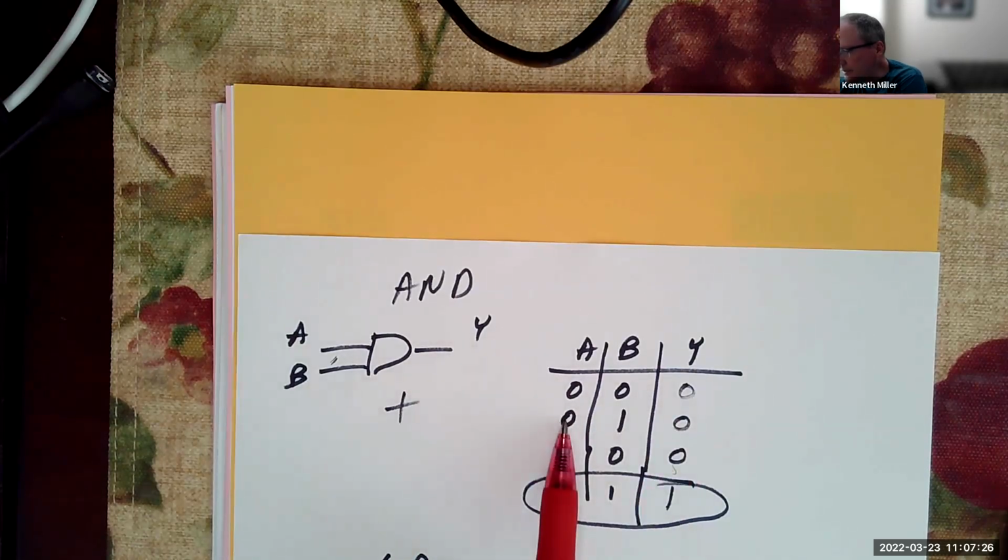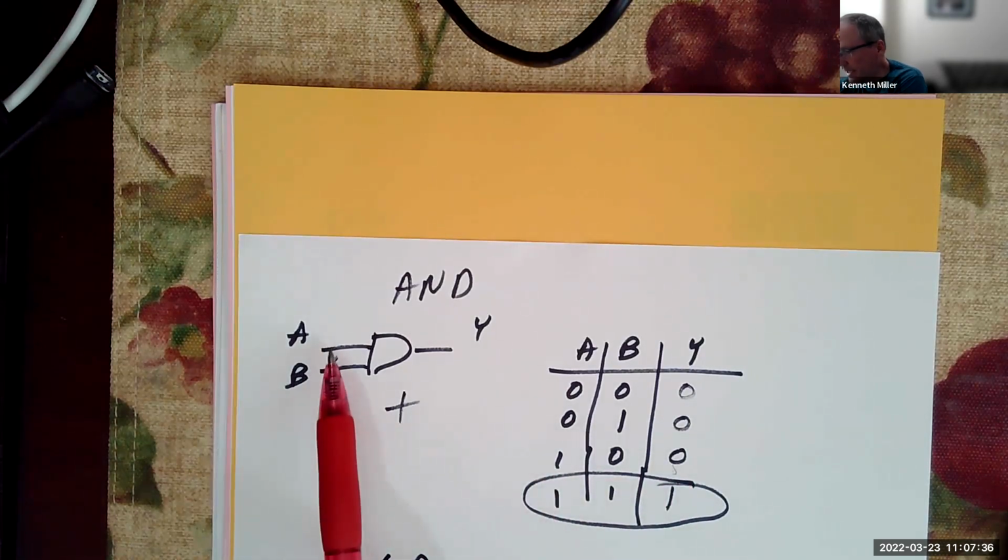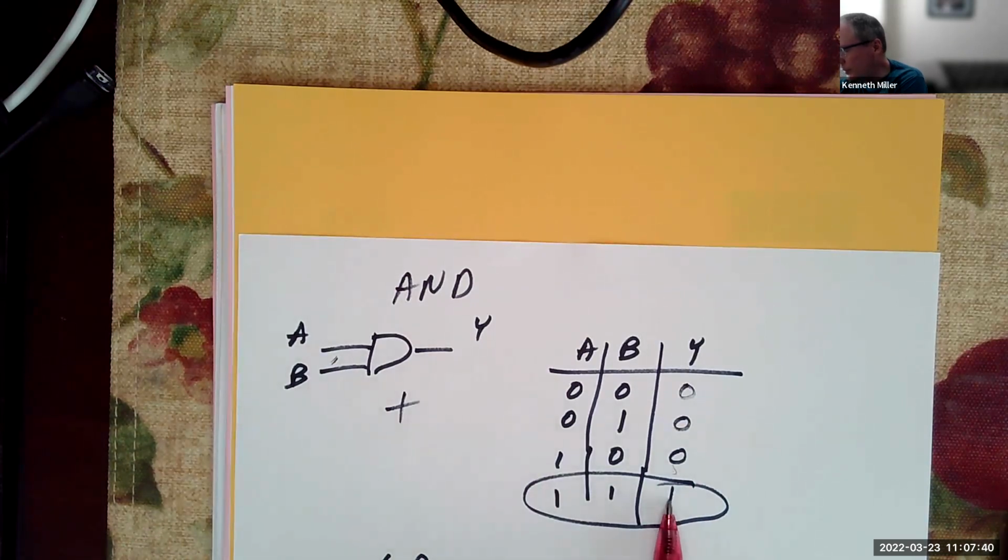If A is 0 and B is 1, the output is 0. If A is 1 and B is 0, the output is 0. And then if A is high, or 1, and B is 1, the output will be 1. So you can see that the only time this gate is true, or where you get an output of 1, is if both inputs are a 1.